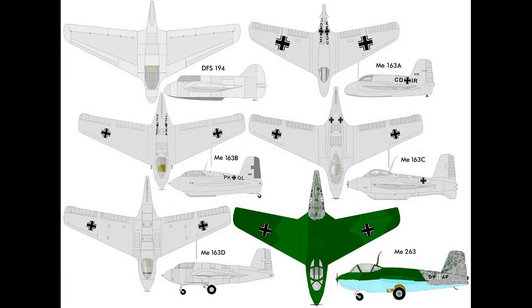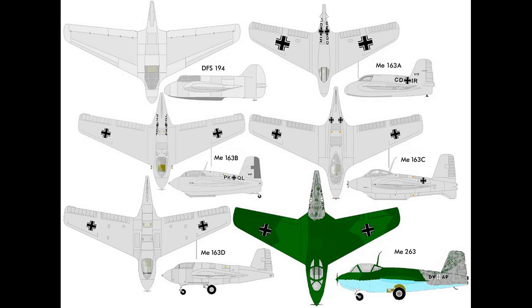The 163, as I mentioned earlier, has thrust control, but only 4 levers of power. Now, it didn't work that well. It worked well in terms of controlling the power, but it was hoped that this would extend the plane's endurance, but it had minimal effect. Reducing thrust did not reduce fuel consumption by a significant margin. It did, however, allow the pilot to slow the plane down, so that was great.